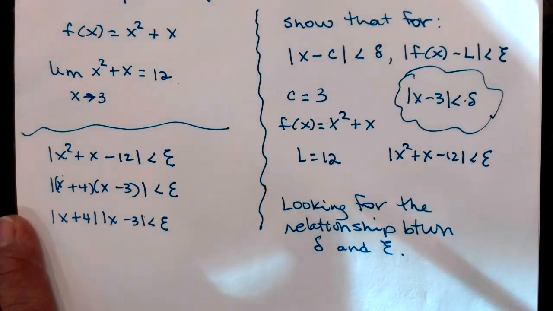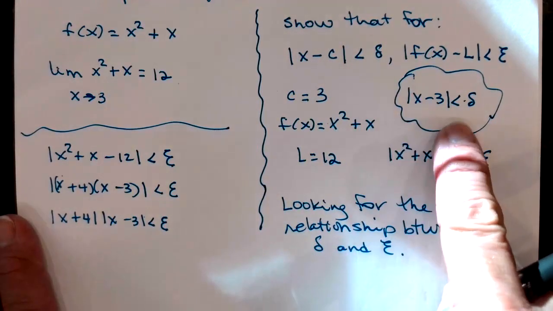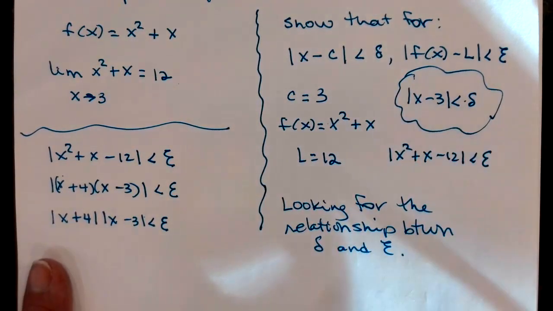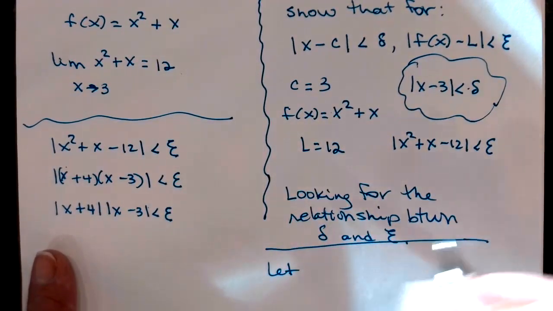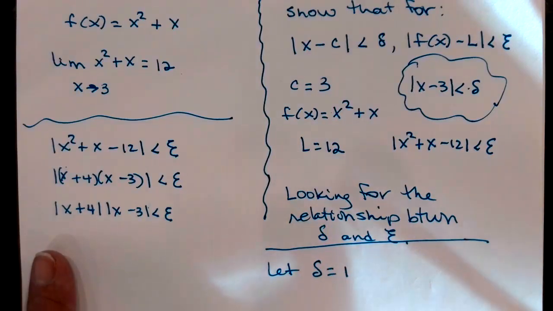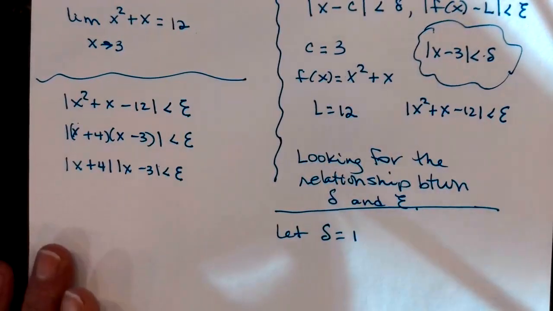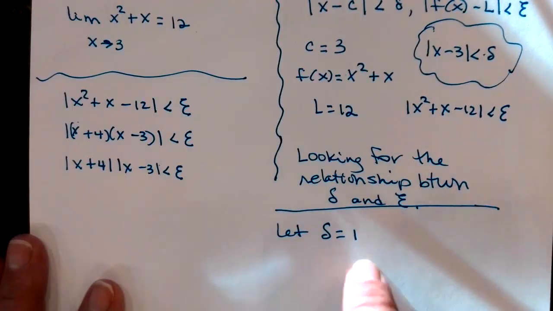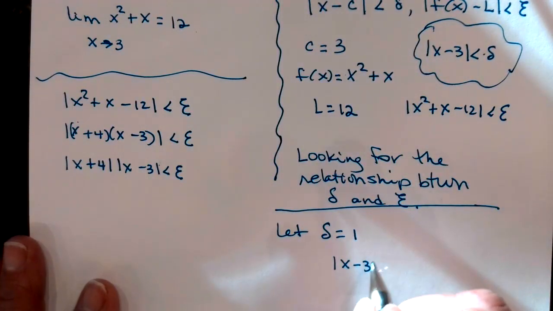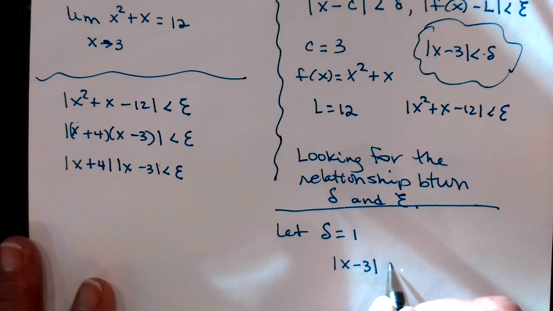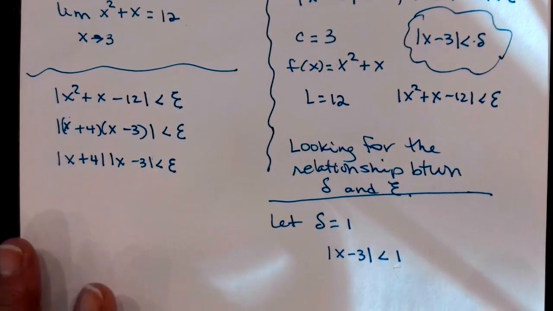Here's where it gets just a little bit weird. I'm going to go back to our x's here, |x - 3| less than delta, and put a boundary on that to start with. We're going to let delta equal 1, just because it's an arbitrarily small number. If delta equals 1, then the absolute value of x minus 3 is less than 1.